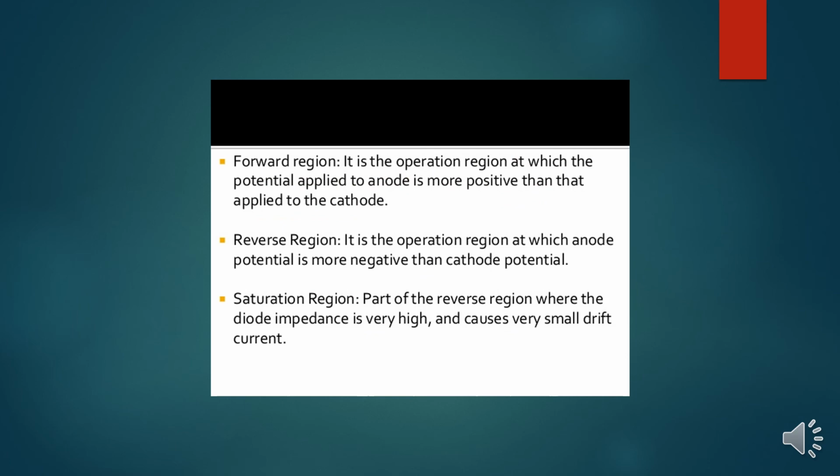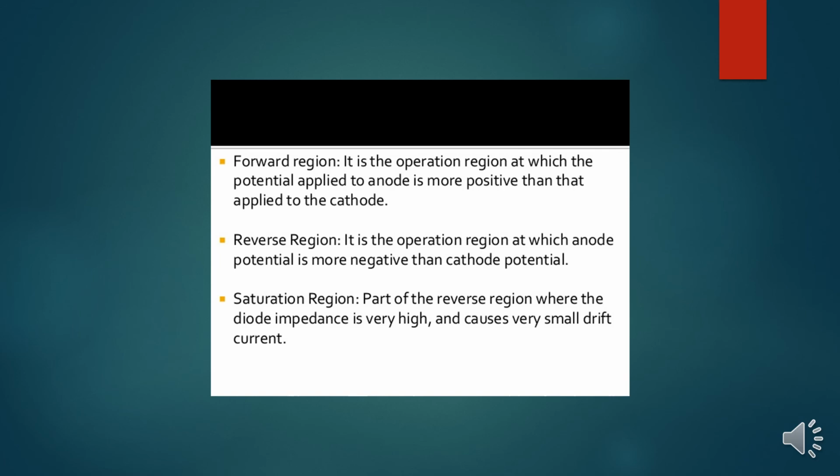Forward region is the operation region at which the potential applied to the anode is more positive than that applied to the cathode. It is called the forward region or forward bias region. Reverse region is the operation region at which the anode potential is more negative than the cathode potential, that is the reverse bias condition. And what is the saturation region?